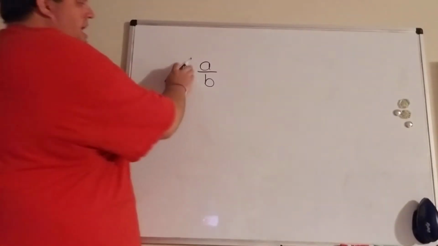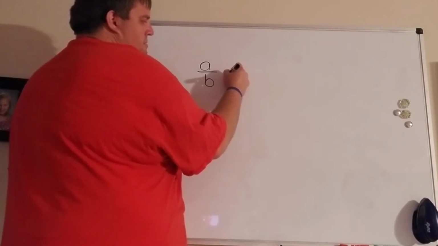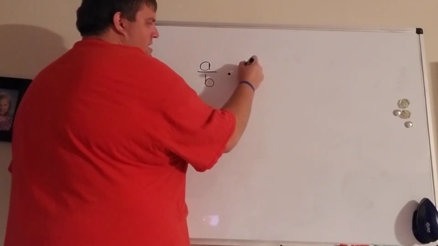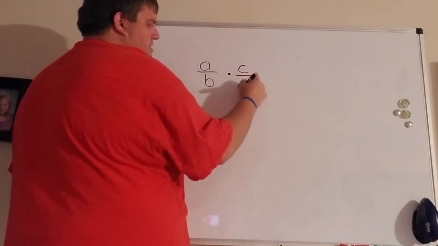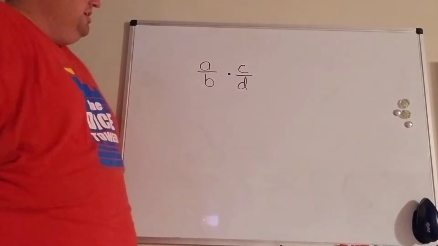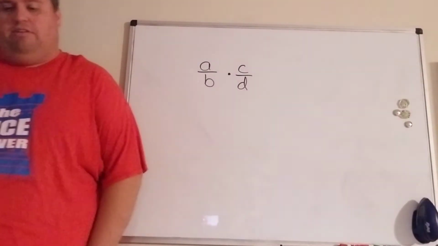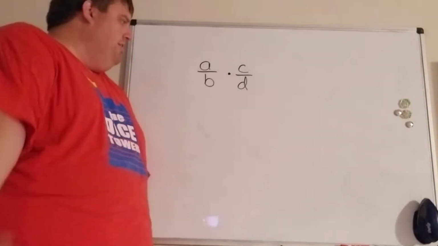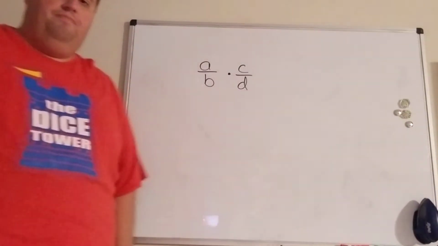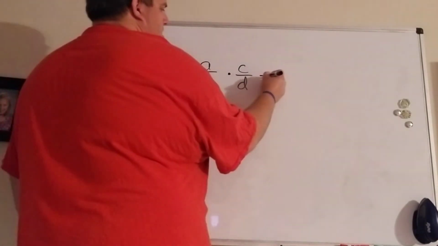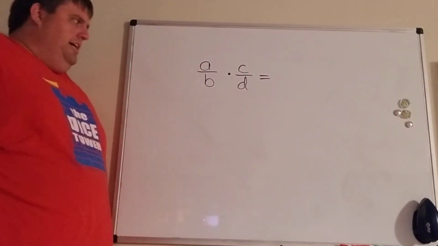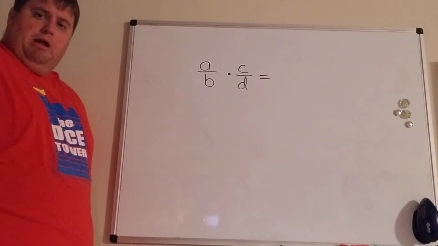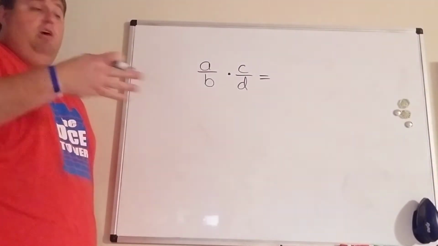So we'll call this one a over b, and we want to multiply that by c over d. And again, d can't be 0. And we're thinking to ourselves, is that going to give me a rational number? Well, if you remember how to multiply with fractions, you go straight across.